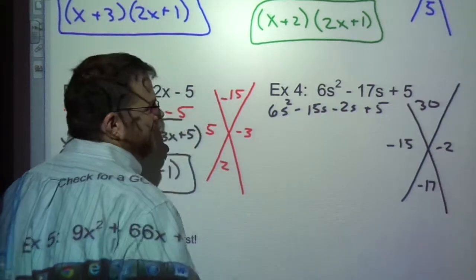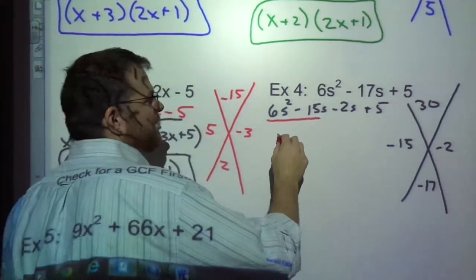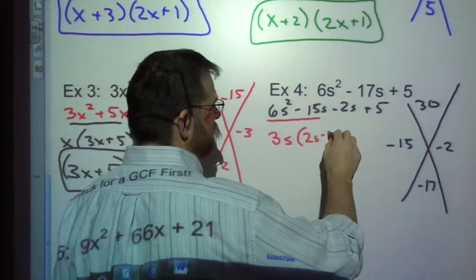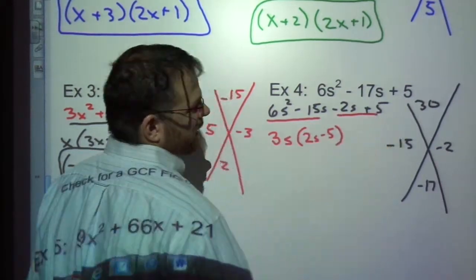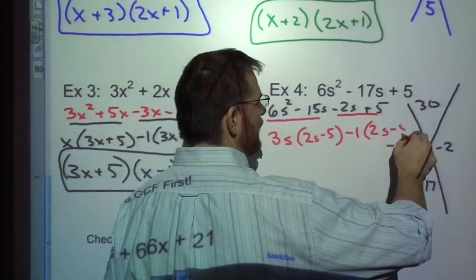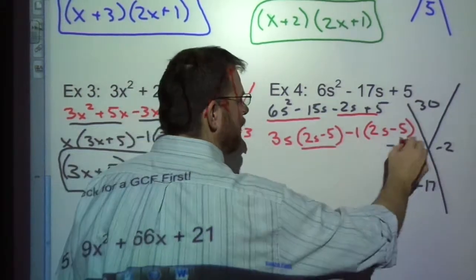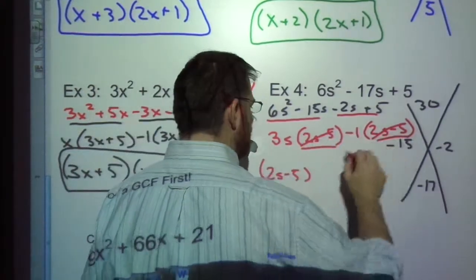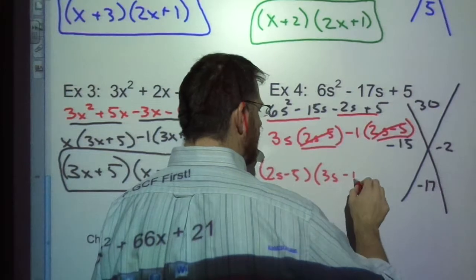And then these guys give me a greatest common factor of 3s with leftovers 2s minus 5. This I'm going to take just a -1, leaving 2s minus 5. Now they both have a 2s minus 5, and leftovers are 3s minus 1.